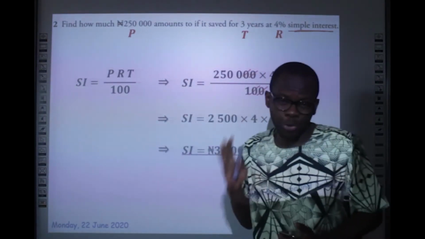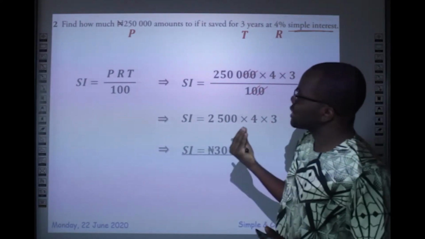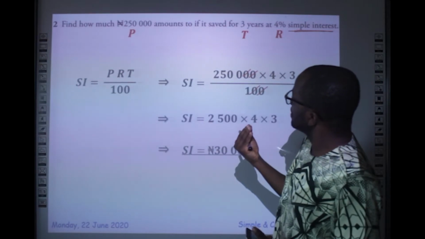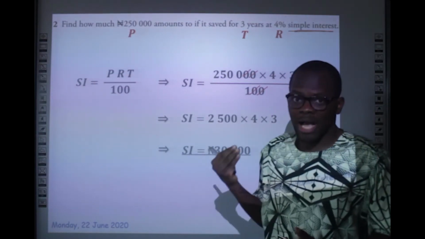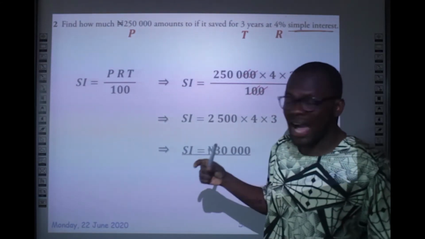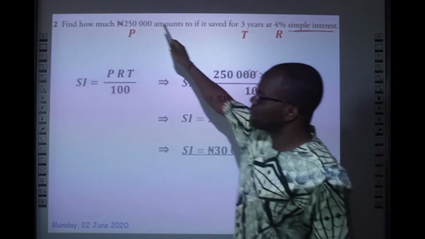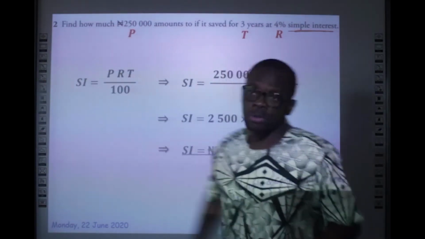Now, like I told you, you need to really read the question very carefully. If the question asks you to find the total amount that you have after 3 years, then you have to add the simple interest to the principal to get the total amount.